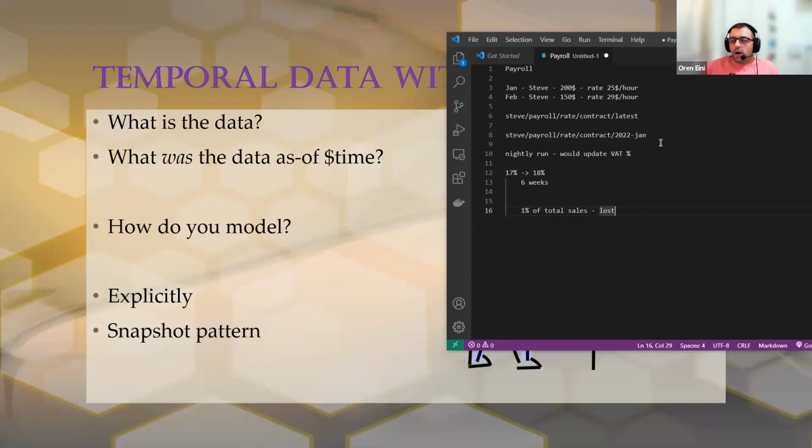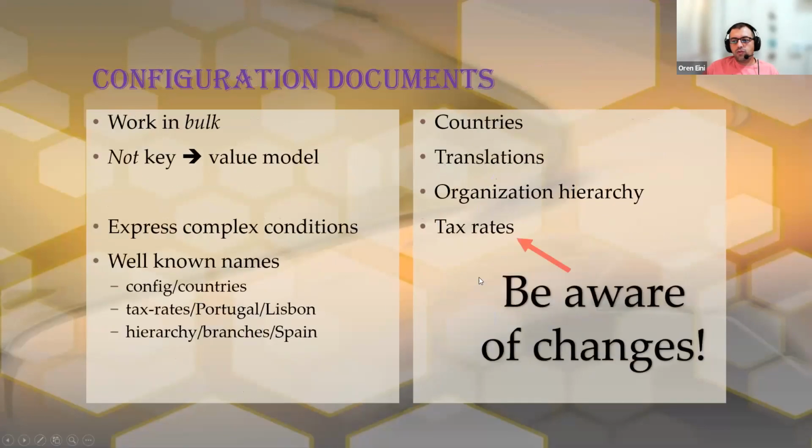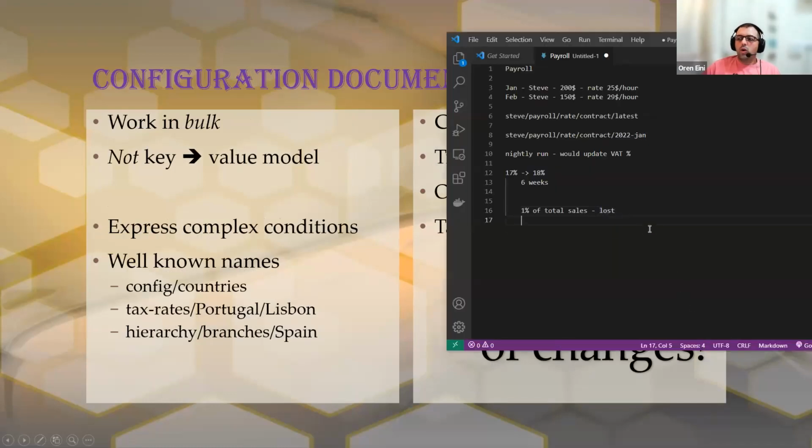Now, in case of taxes, I mentioned here that you have to be aware of changes. So given what we know, how do we manage that? We're going to do this.